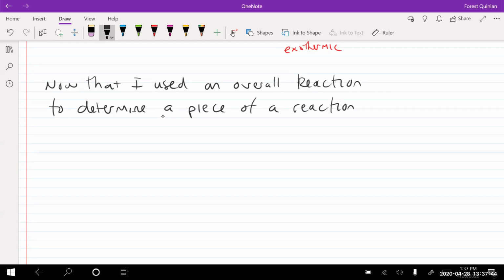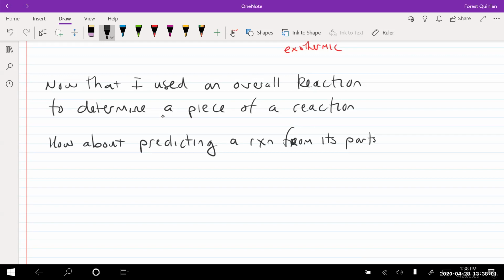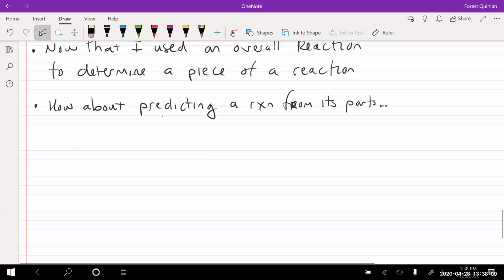So how about predicting a reaction from its parts? Okay, and this I'm actually going to do with one thing that is pretty well studied, and then discuss why we would do something like this in just a moment.